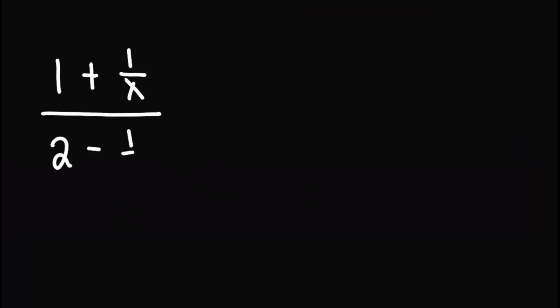Let's have this first example. Let's have 1 plus 1 over x all over 2 minus 1 over x. So what would we multiply out here?